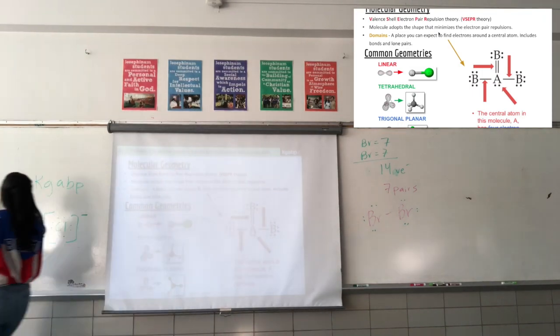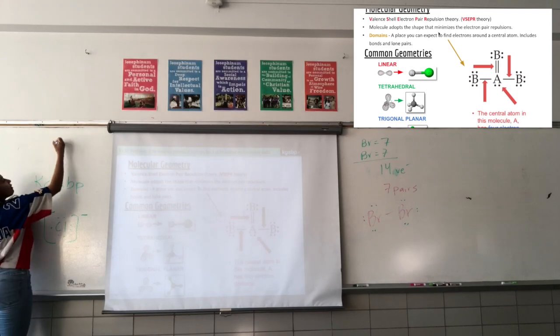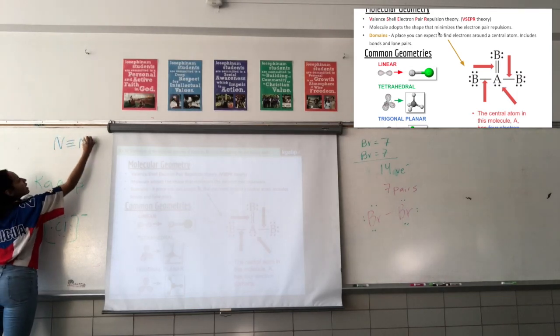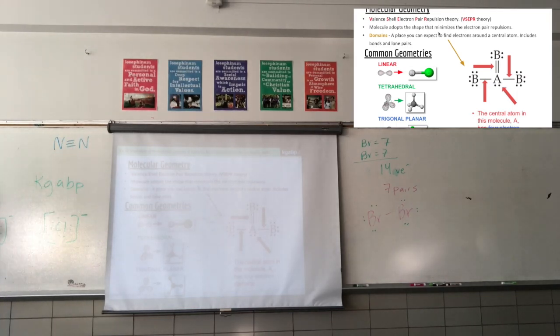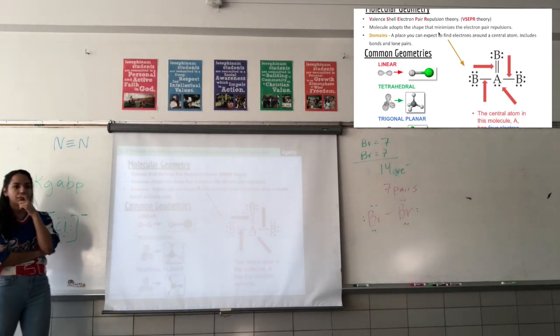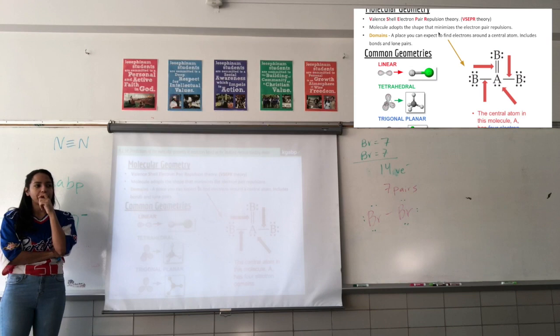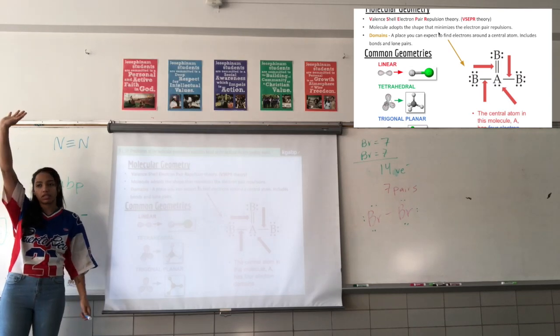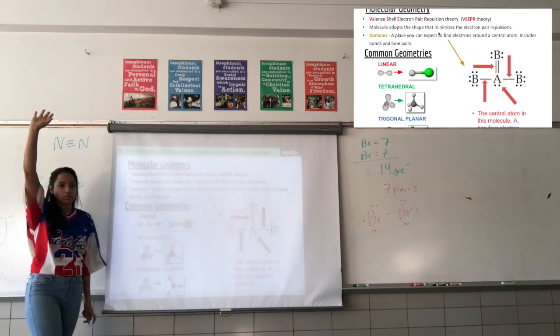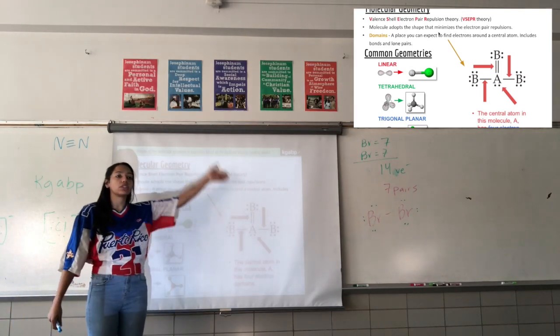What about this kind of bond? Somebody tell me, if I have a bond that looks like this, how many domains is that? How many of you think it's 3 domains? Raise your hand if you think it's 3. Raise your hand if you think it's one domain.